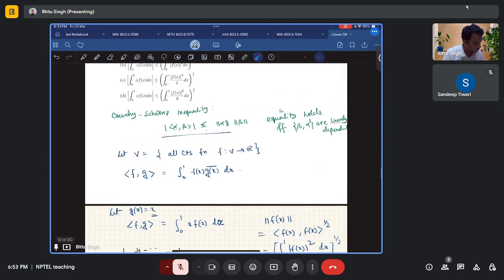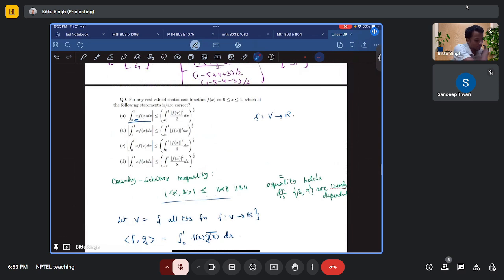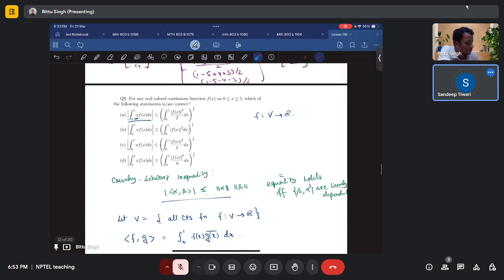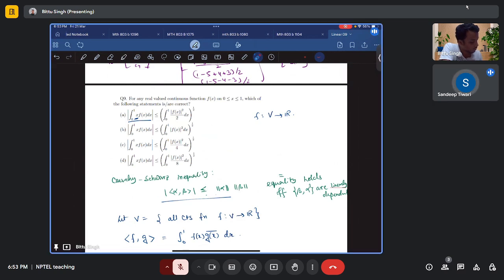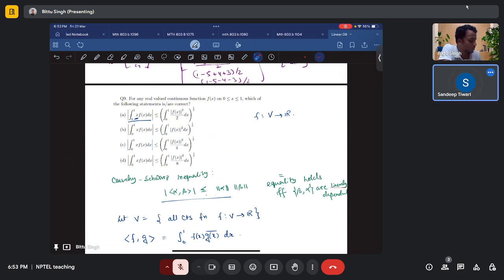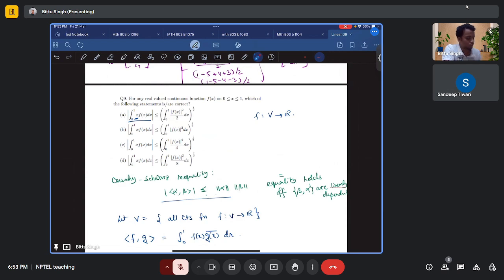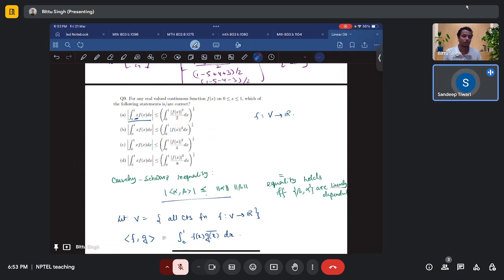So which of the following is correct actually? Is it correct? We don't know if it is correct or not. Why?